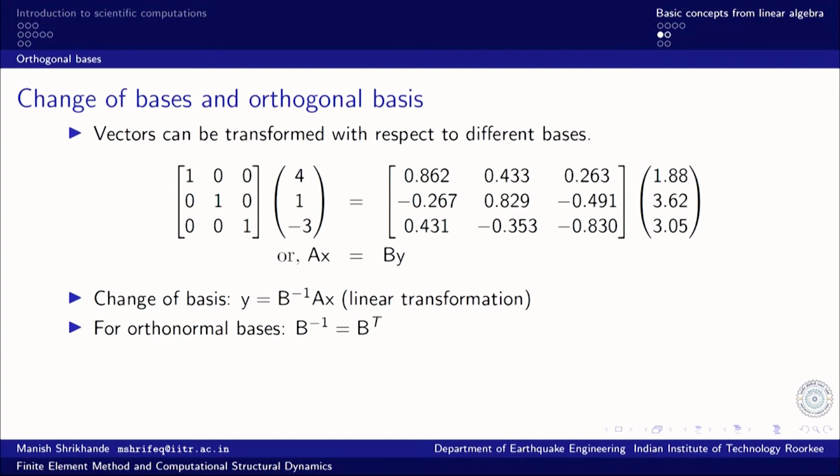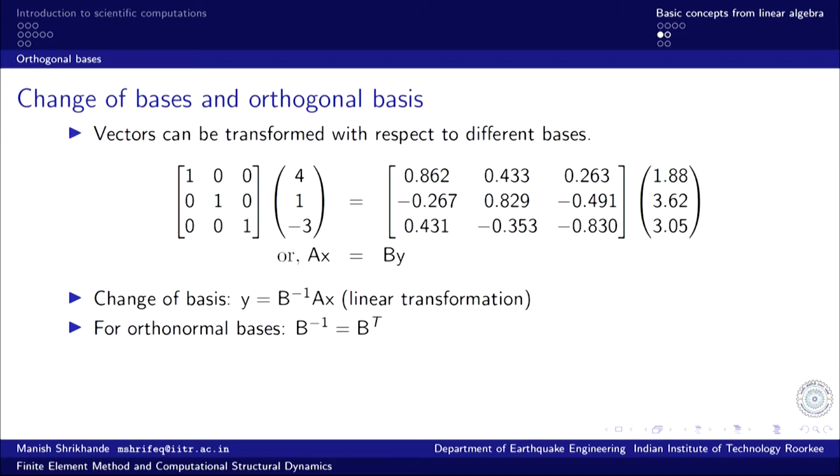And interestingly, for an orthonormal basis, the inverse of the matrix is the same as its transpose. So, the problem is solved. If I choose an orthonormal basis, then I do not really need to compute the inverse, I just have to find the transpose of the matrix. That transpose is its inverse, and subsequent computations are also facilitated very easily.